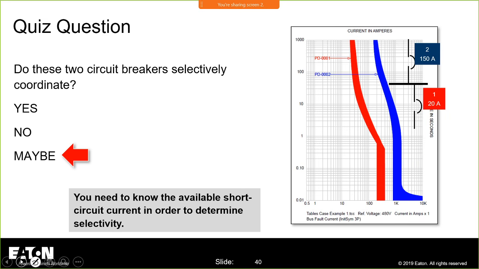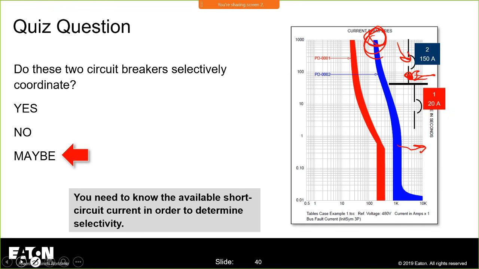Now, the problem that you'll run into if you try to increase the size of the overcurrent device is right up here in the long time pickup. Remember, this breaker is this guy right here, and there's a conductor right here that I'm protecting. If I increase the size of this breaker from a 150 to a 250, or maybe I have to put a 400 amp breaker in there, I may be into an electronically actuated device, but I might not be able to adjust my long time pickup low enough to protect that conductor.